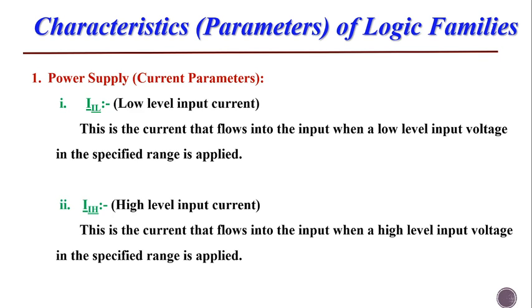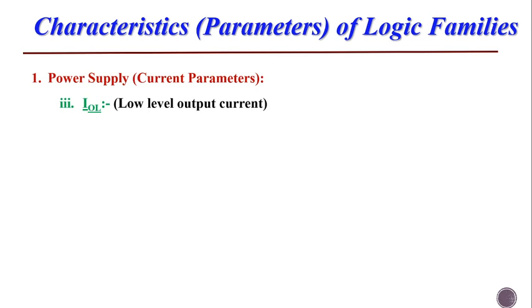Similarly, the second one is IIH, which is the high level input current. This is the current that flows into the input of the gate or a circuit when a high level input voltage in the specified range is applied.